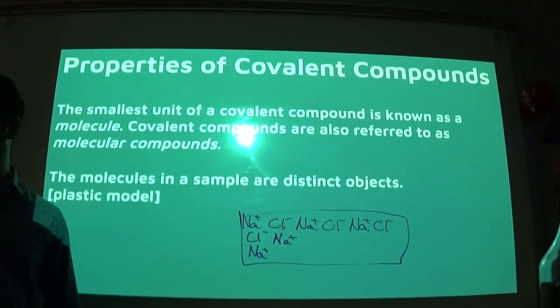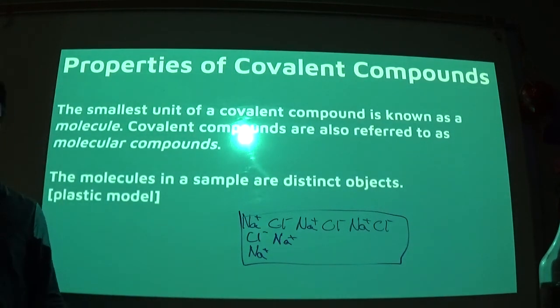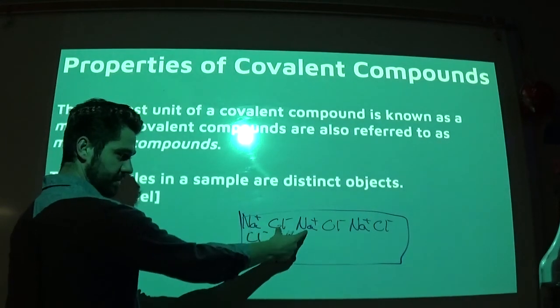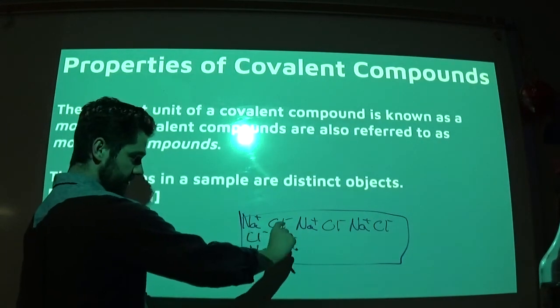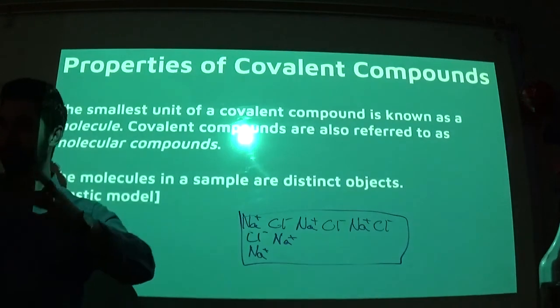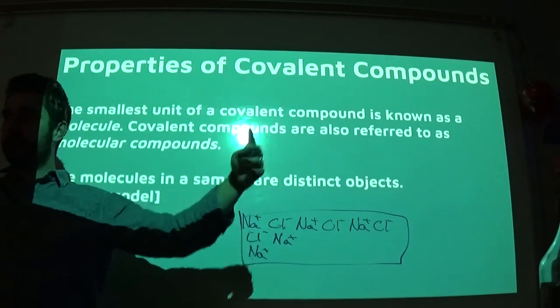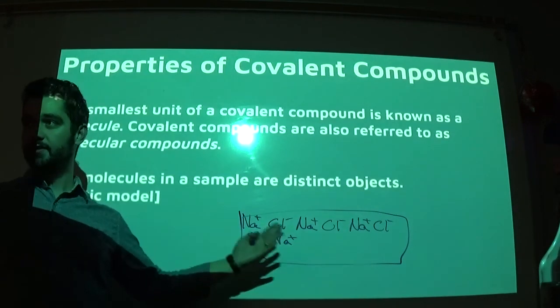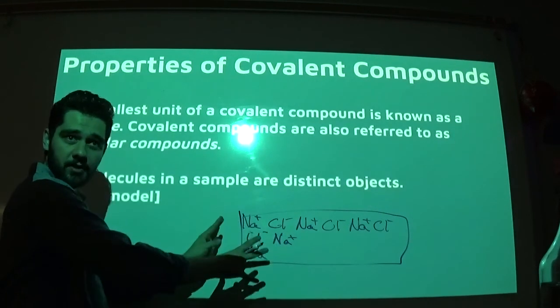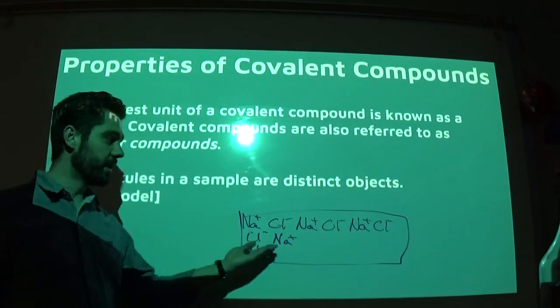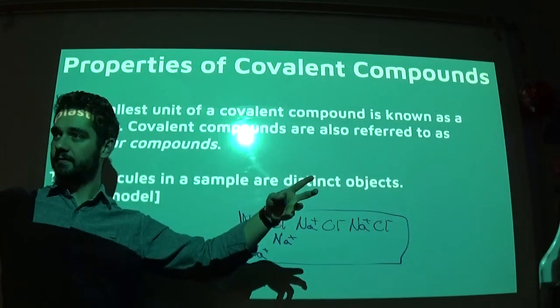So there are not really distinct molecules. Is this a sodium chloride, or is this a sodium chloride? It all is. It's just a big grid that goes on until you run out. This is called a crystal structure. We do not refer to this as molecules because molecules are individual particles, whereas with ionic, they're all bonded together.